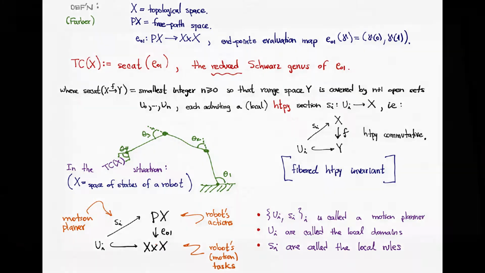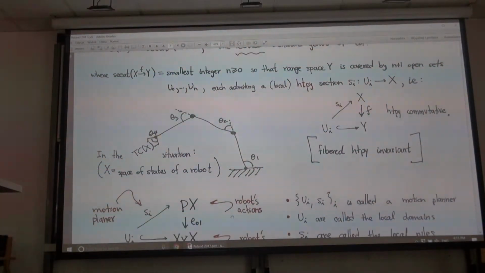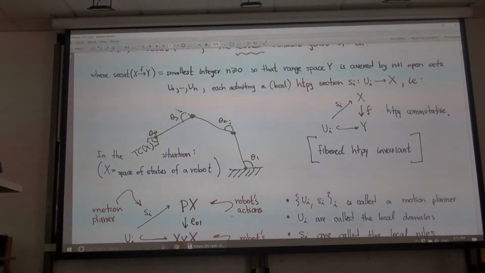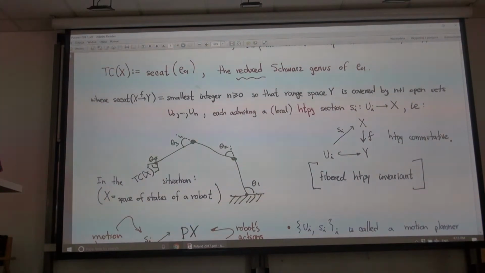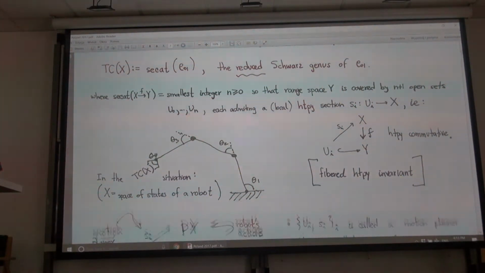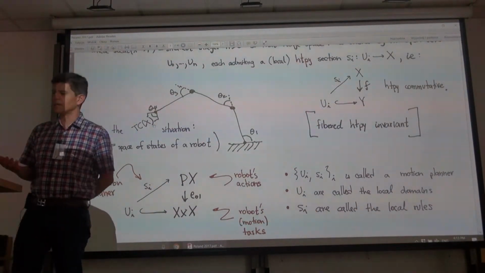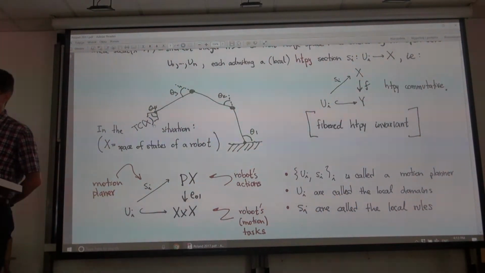The original motivation for such a definition, in the case of the fibration, the double evaluation map that I described, is that you think of X as arising as the space of states of some robot.